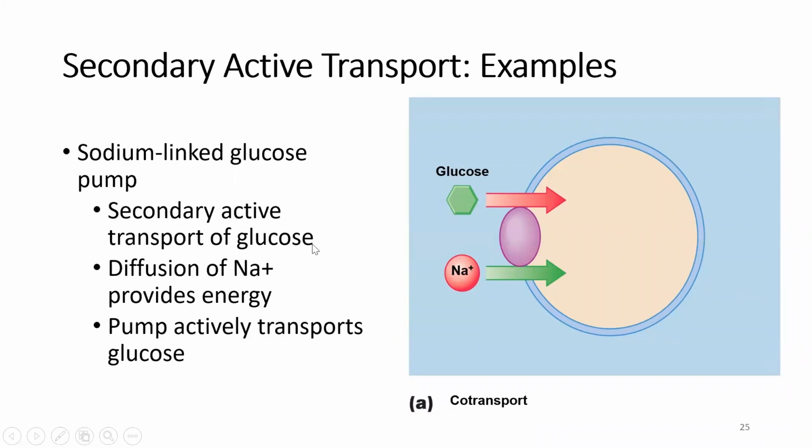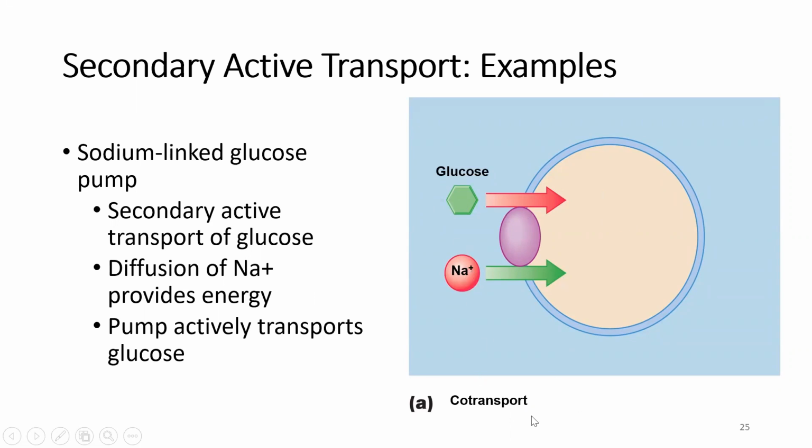An example of secondary active transport is the sodium-linked glucose pump. So this is the example that we were looking at. We take sodium, we move it passively according to its concentration gradient from high to low, and we use that energy to move glucose against its concentration gradient from an area of low concentration to an area of high concentration.